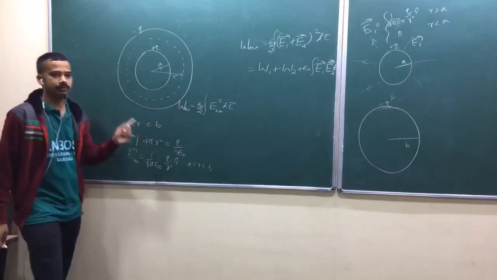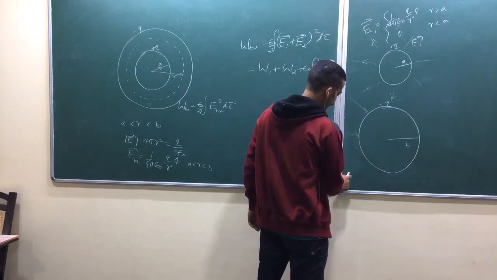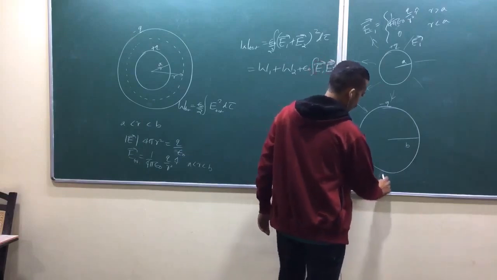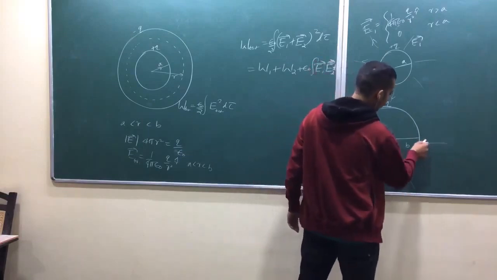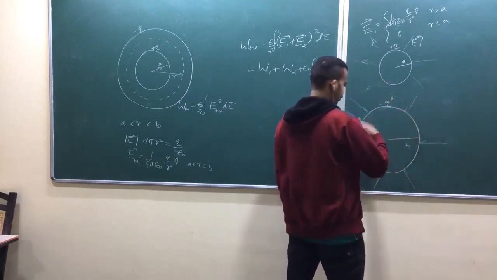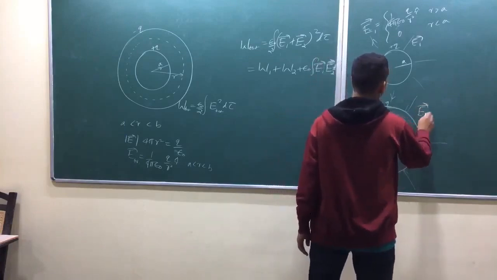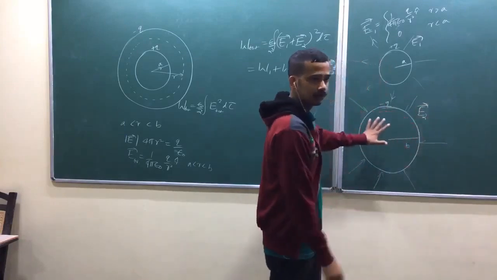Now, the electric field due to only the outer one, which contains minus Q charge, should obviously be inward, because there are negative charges on the surface. Let me write E2, only due to this one.